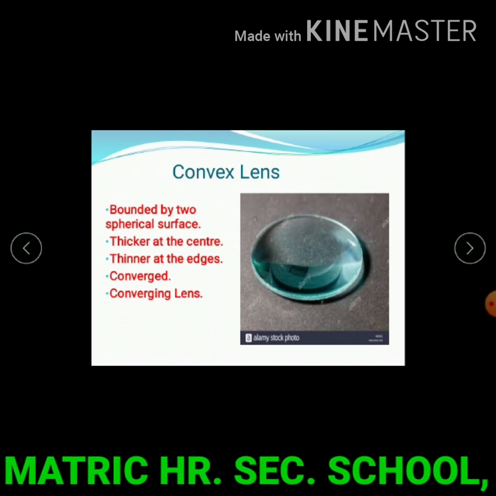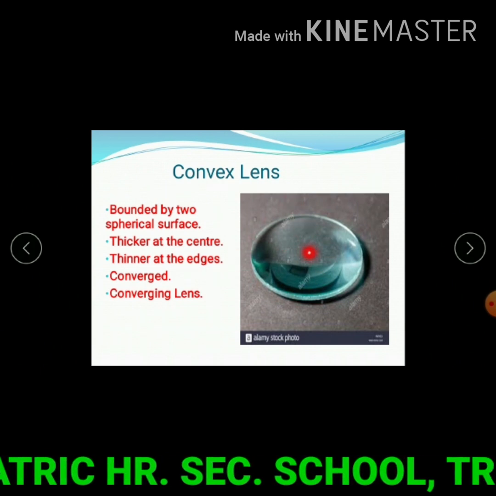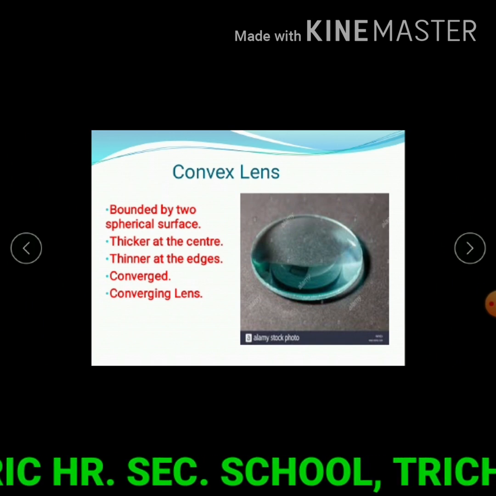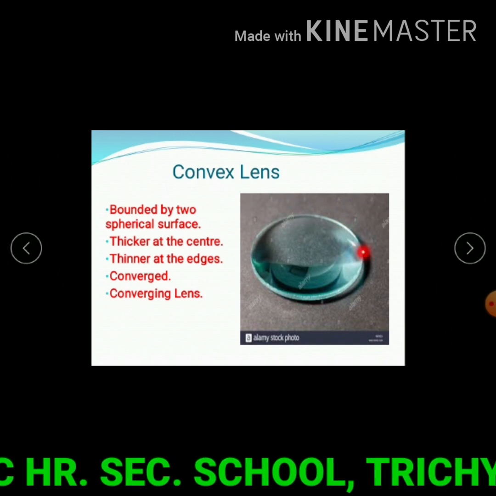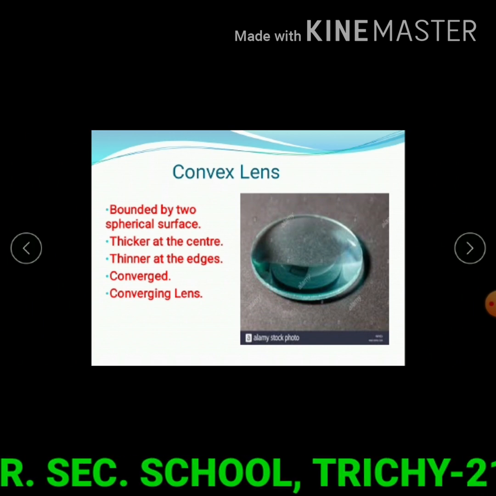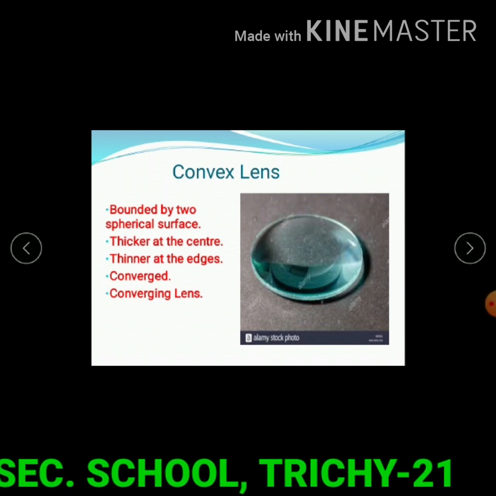It is a lens bounded by two spherical surfaces and it is thicker at the center than at the edges. When a beam of light passes through it, it converges all the light rays to a point.